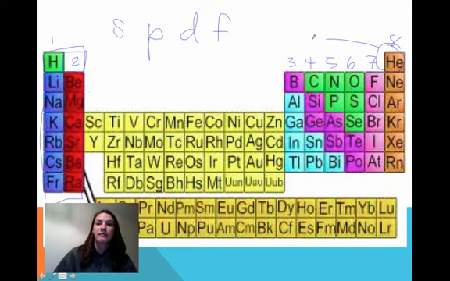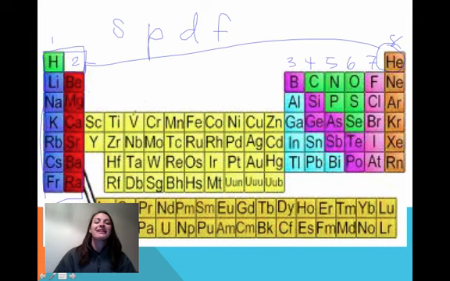So pretend helium is way over here. That's also an S orbital. The P orbital can hold 6 electrons, and it's right here. These 6 rows. Okay, B, C, N, O, F, Ne. Remember, S holds 2 electrons.